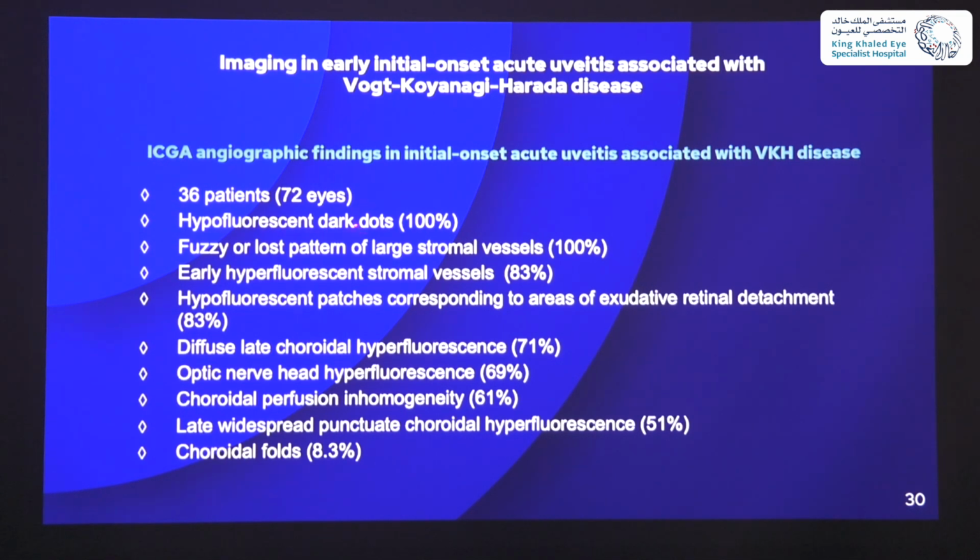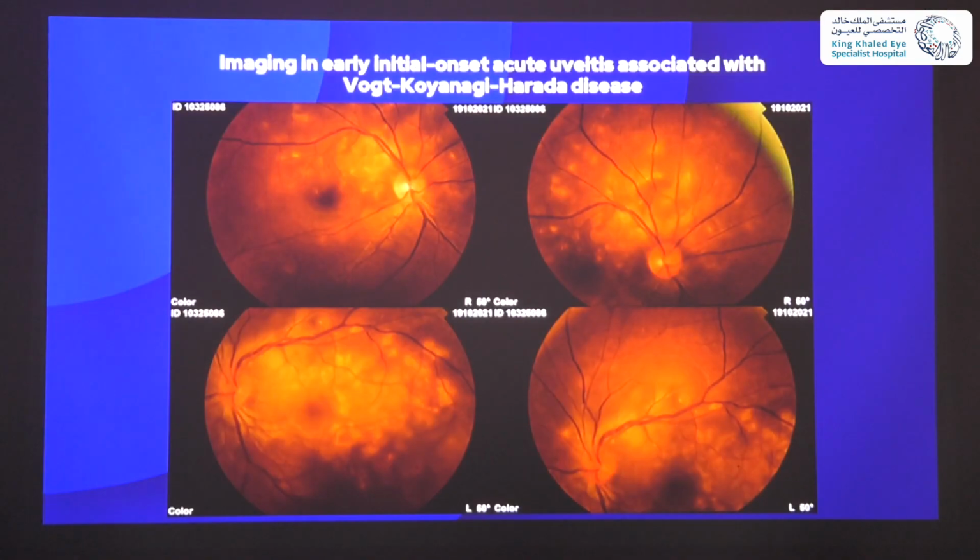Hypofluorescent dark dots representing granuloma were present in 100% of the cases. For us, this is an important sign and the easiest sign to detect to confirm the diagnosis of VKH disease. Fuzzy or lost pattern of large stromal vessels 100%, early hyperfluorescent stromal vessels 83%, hypofluorescent patches corresponding to areas of detachment in about 83%, and so on. I'm going to show you an example.